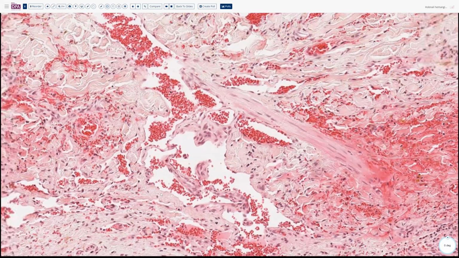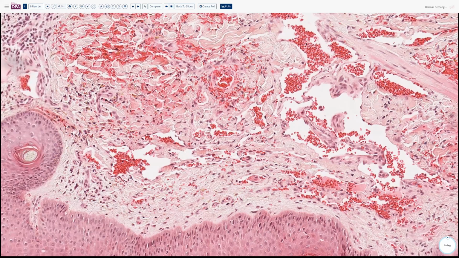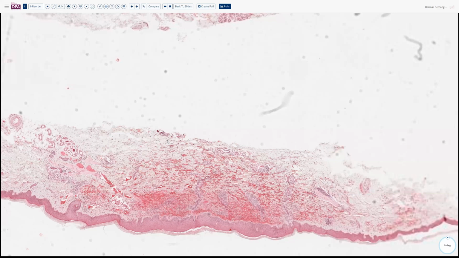That's kind of a poor excuse of a hobnail cell, but I think there are others around here that were a little bit better. They tended to bump up. And you've got the hemosiderin here, of course. The best place to find the hobnails, of course, is superficially. Let's go to another section and see if we can identify them a little bit more clearly.